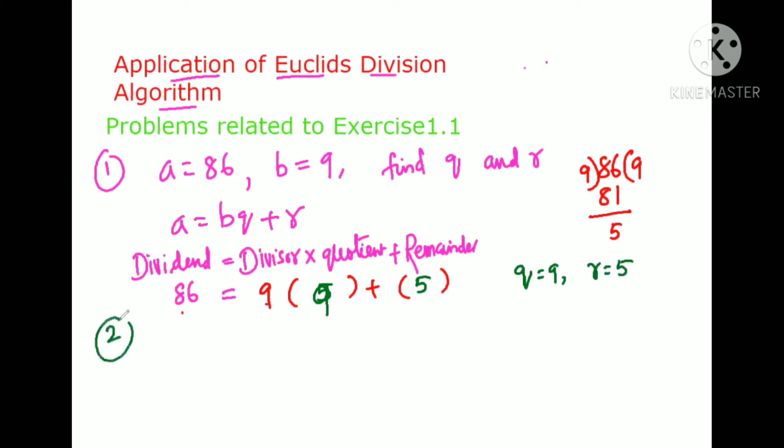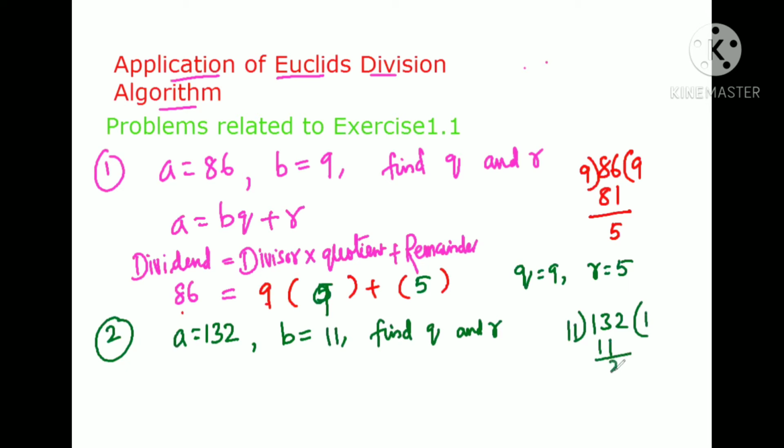Next. a is equal to 132 and b is equal to 11. Find q and r. To know this, you just divide 132 by 11. You will get quotient and remainder. 11 ones are 11, 11 twos are 22.